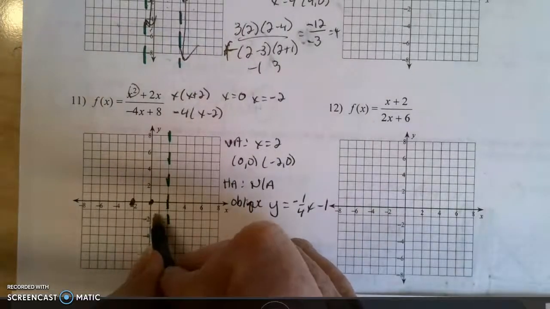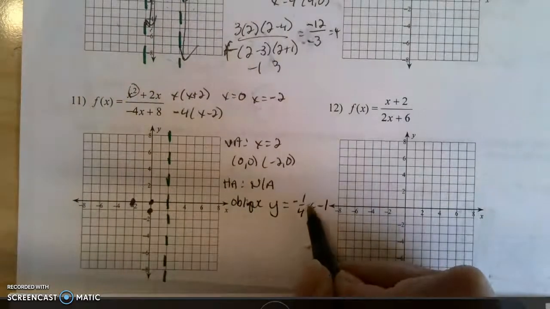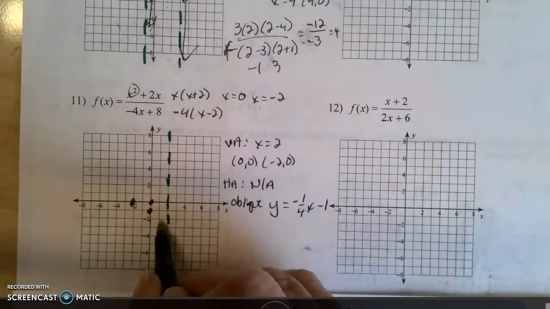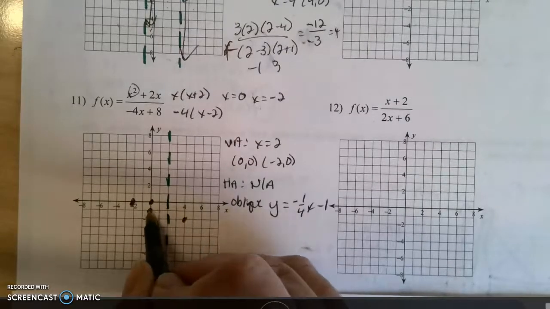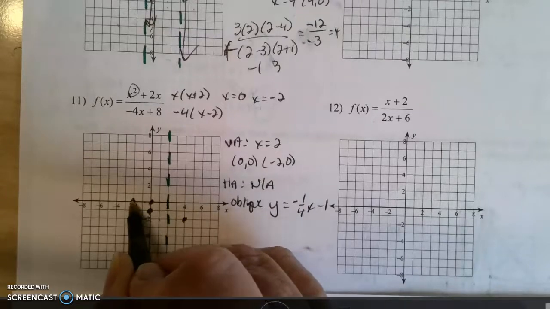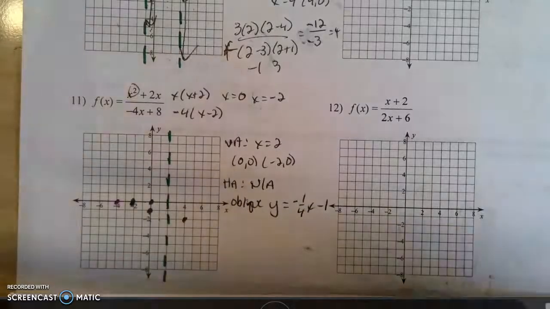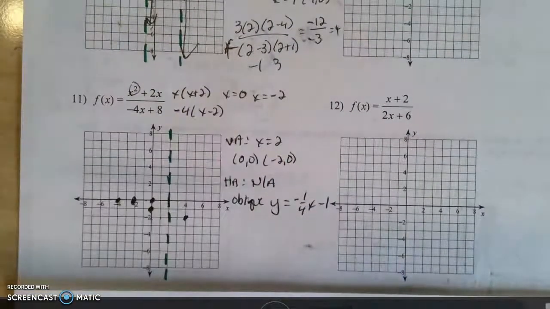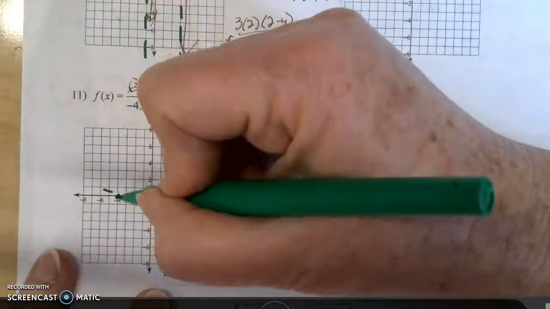I go to -1, and I'm going to go down 1/4. I'm going to go up 1/4. Okay, and now I'm going to try my very best.